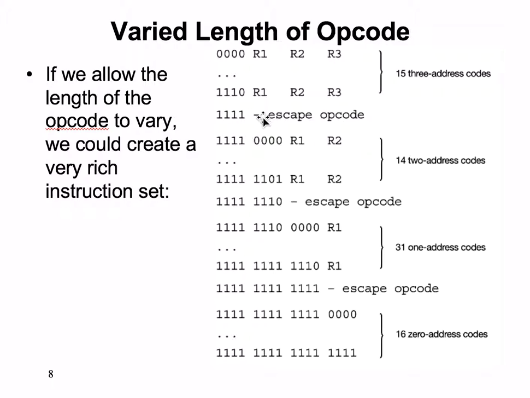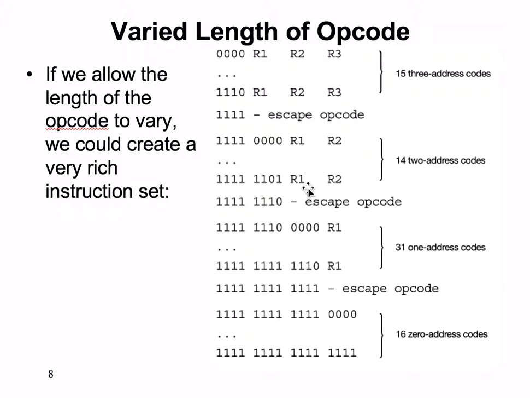In the second group right here, the escape code is 1111, and the next group is for the second group of 2-address instructions. The escape code is going to be 1111 1110, which is separate from the first group.